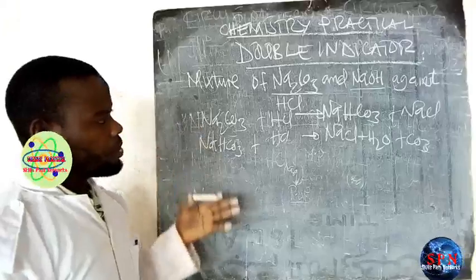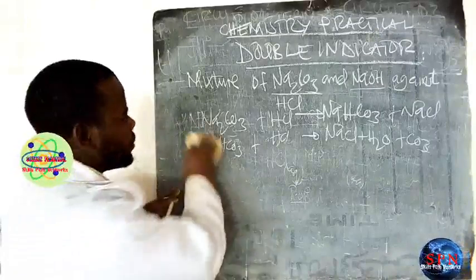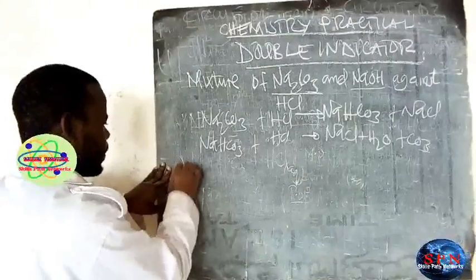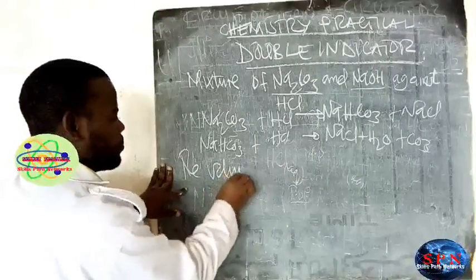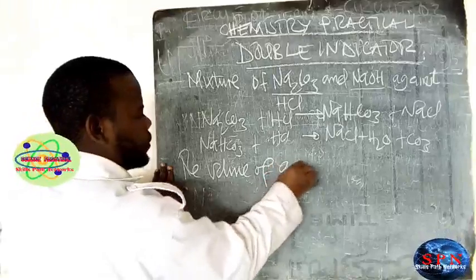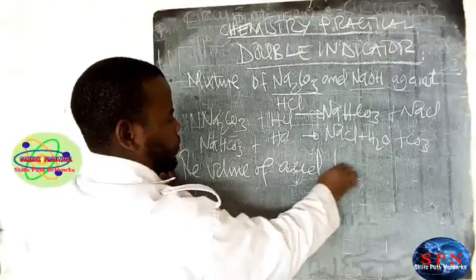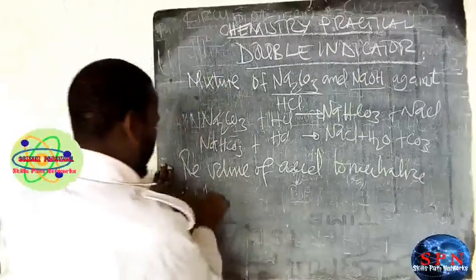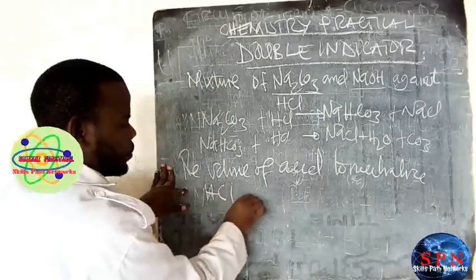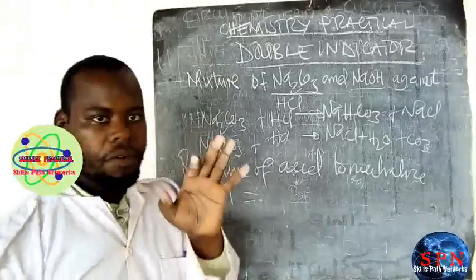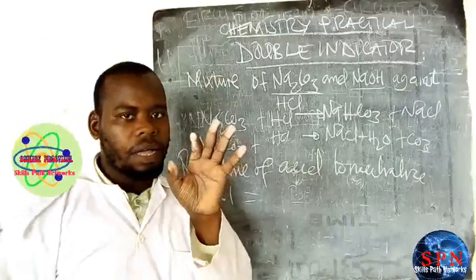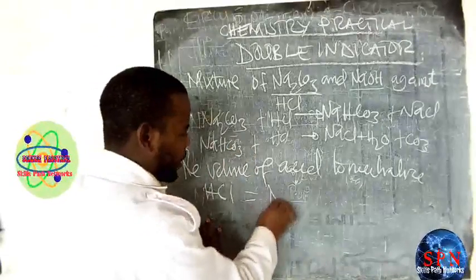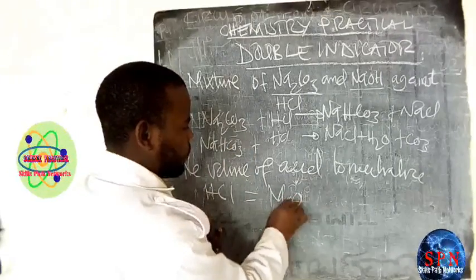Because sodium carbonate reacts twice, the volume of acid to neutralize the sodium carbonate is equal to the volume we got under methyl orange times 2.